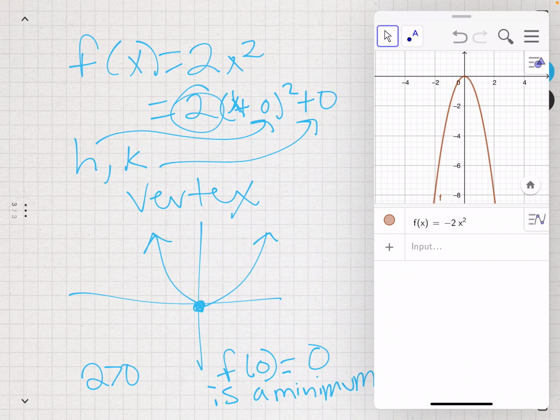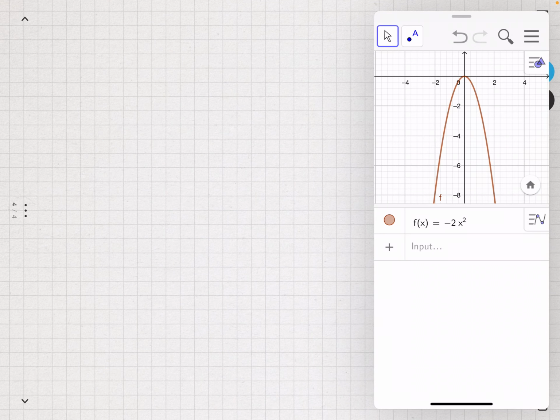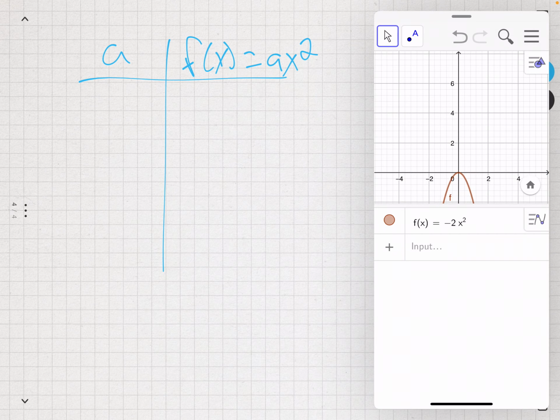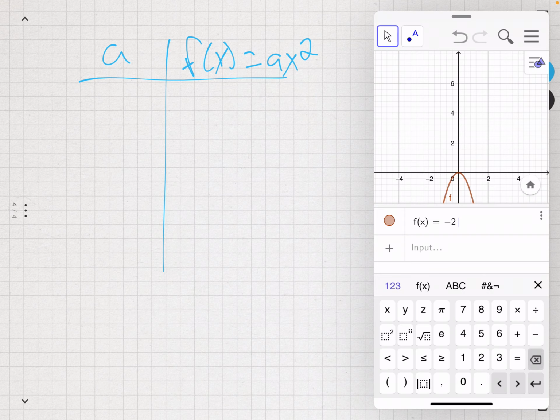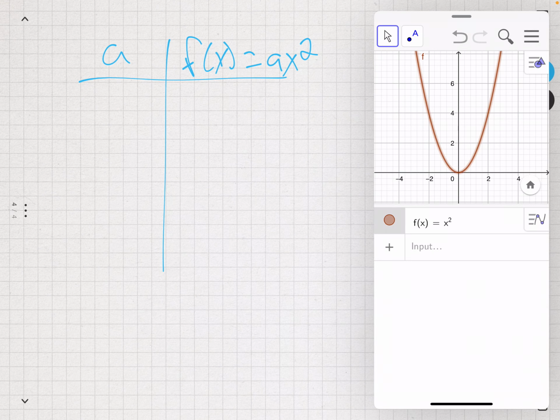Just to illustrate what happens as our a value changes, we have f of x equals ax squared. On this graph at the right, I'm going to graph x squared, because that's our basic library function, which looks like this.